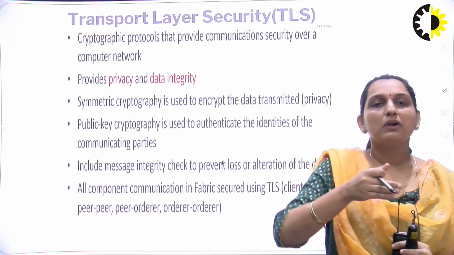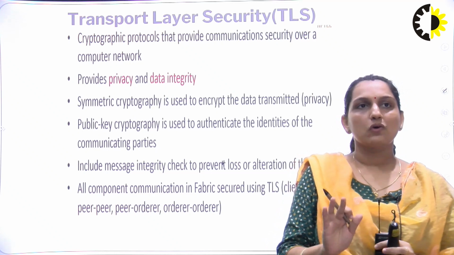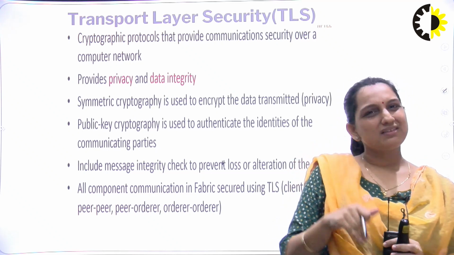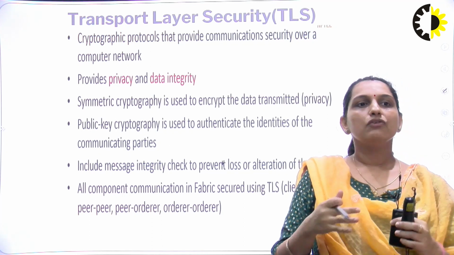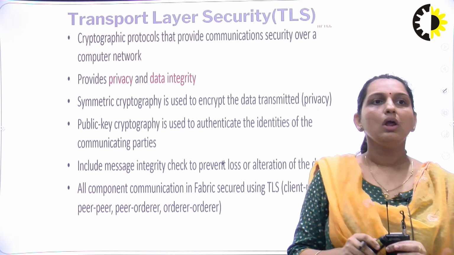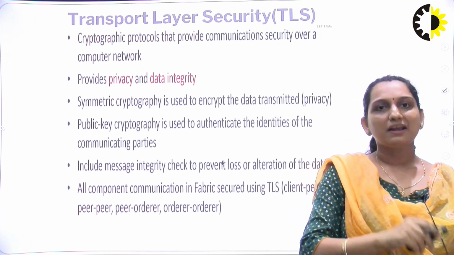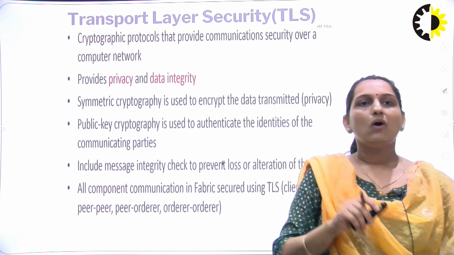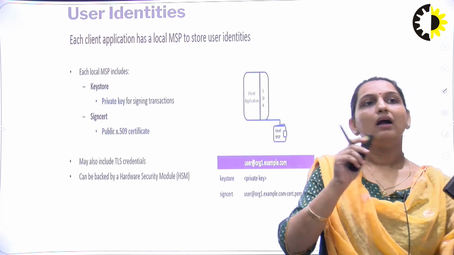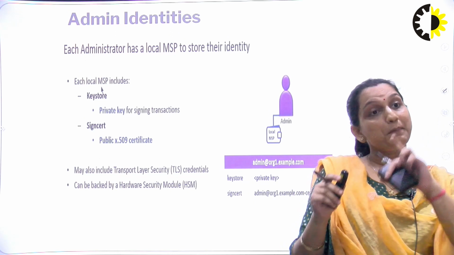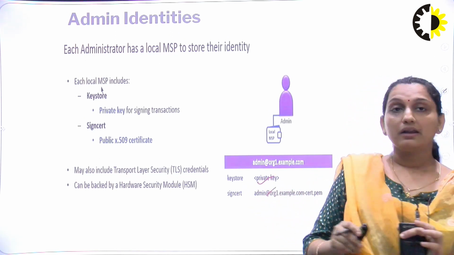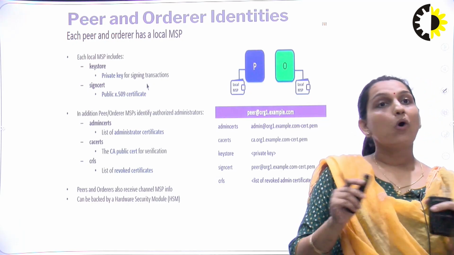What we are using is TLS, because for security we use cryptographic protocols for privacy and data integrity, so that data is not lost in peer-to-peer communication over a channel. Everything has to use cryptography, with a public key or a private key. We have user identity, admin identity, a key with a number, and peer and orderer identity.